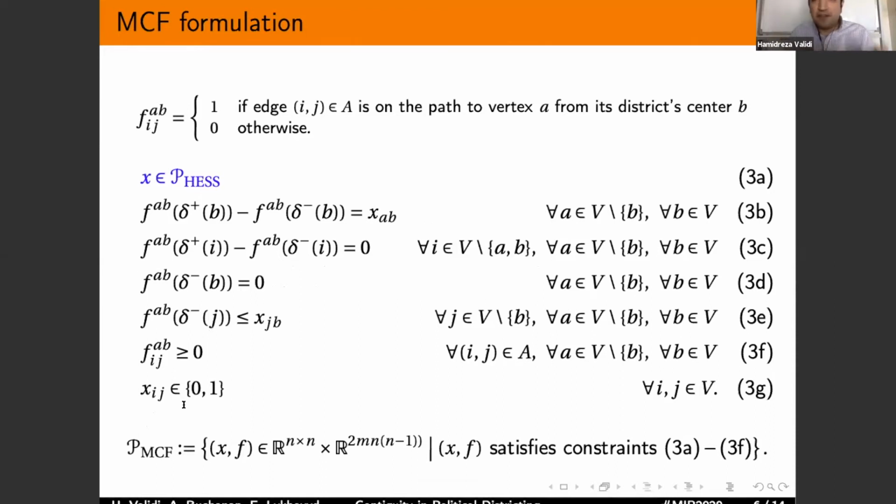You can see that flow has 2 labels here, a and b. b is the origin of sending, the origin of the district, and a is a vertex in that district. And then again, we have the Hess formulation, and these black constraints impose connectivity. The polytope of MCF is denoted by P of MCF here. So these are the flow-based formulations that I talked about.